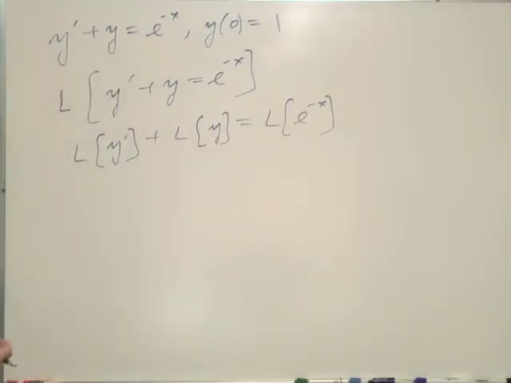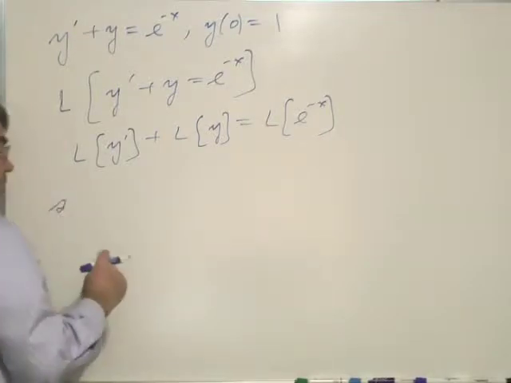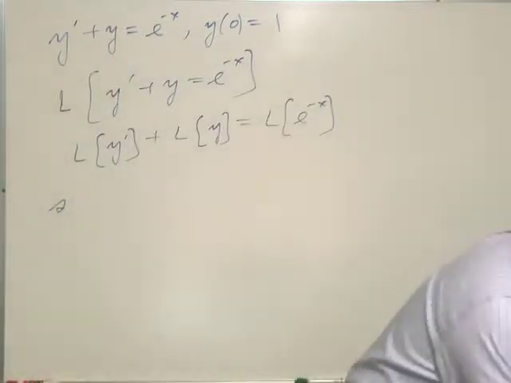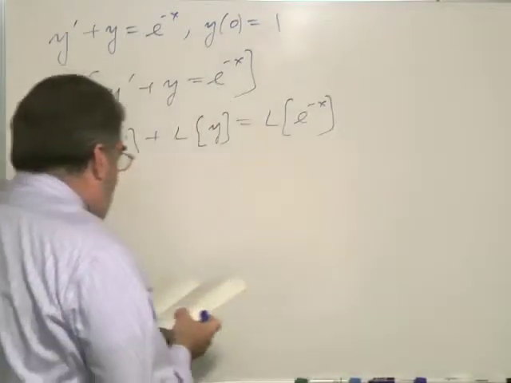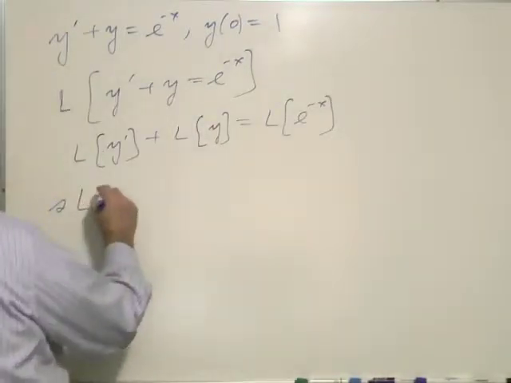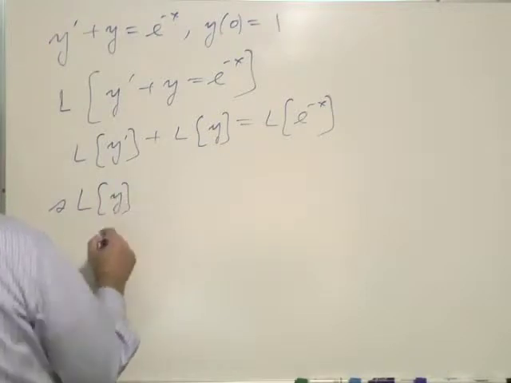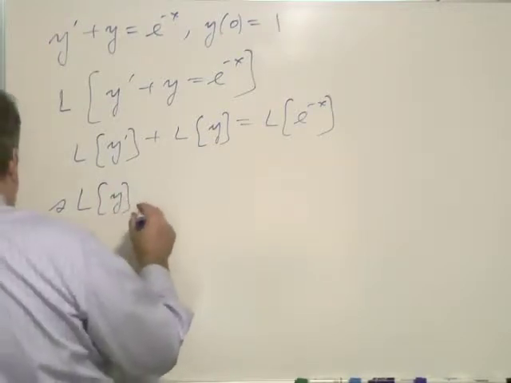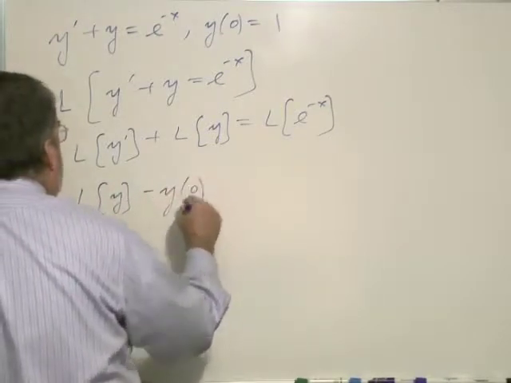Okay, now then, L of y prime is, I think it's s, I want to look that up to make sure I don't get my signs backwards. It's s L of y, minus y at 0.